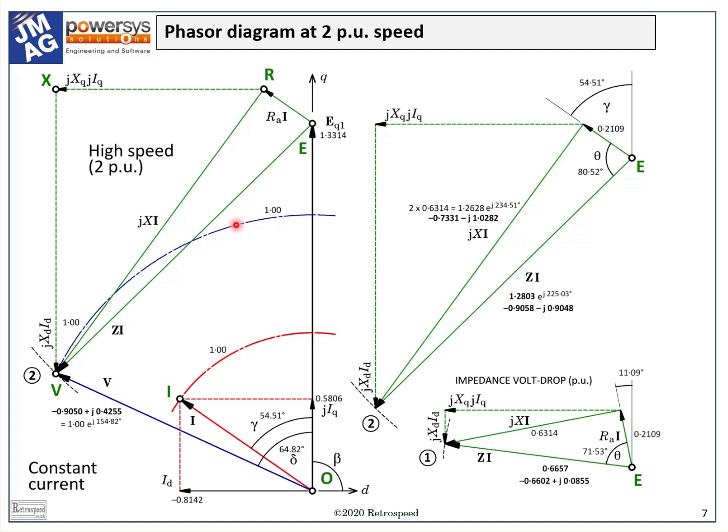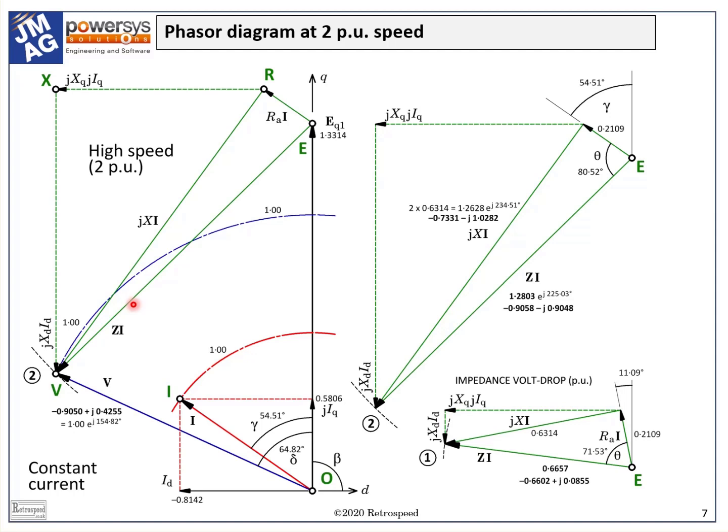With the same current, the reactive voltage drop, jXI, grows from 0.6314 to 1.2628 per unit, while the resistive voltage drop, RaI, remains the same. The voltage drop part of the phasor diagram is drawn separately on the right, while on the left it is integrated with the main diagram.